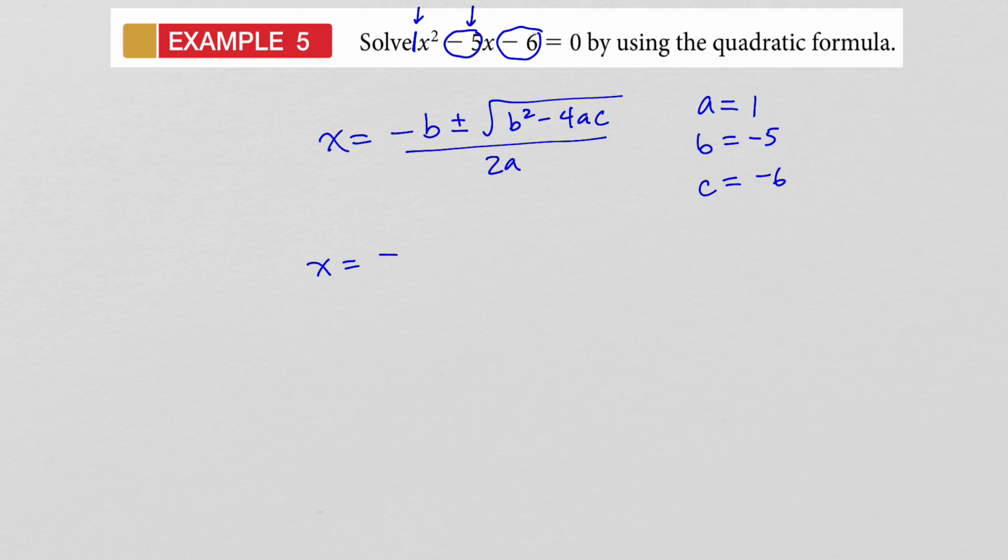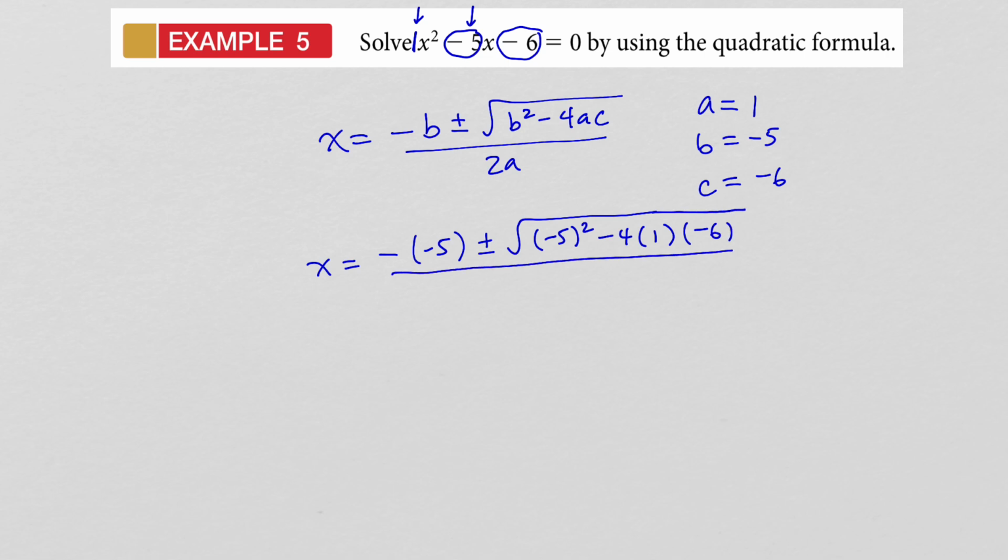So we have negative b, but b is negative 5, so that would be negative 5, plus or minus the square root of b squared, which is negative 5 quantity squared, minus 4 times a is 1, c is negative 6, make sure your radical goes all the way over, and then the whole fraction is divided by 2 times a, and a is 1.